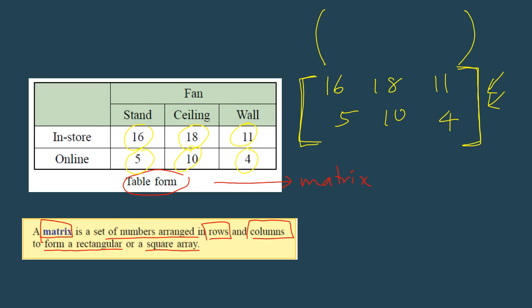So you must know the meaning of a row. This is row 1. This is row 2. So this matrix has 2 rows. And how many columns? Columns are the vertical arrangement.